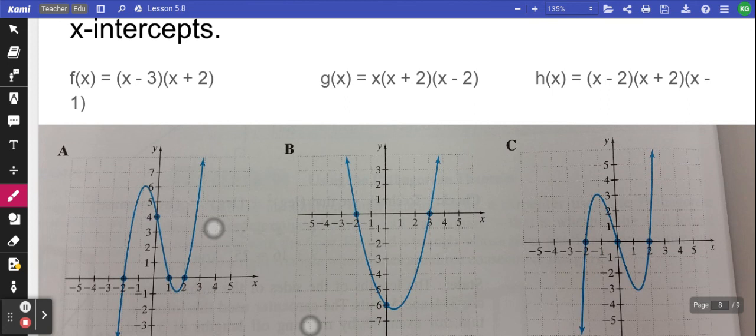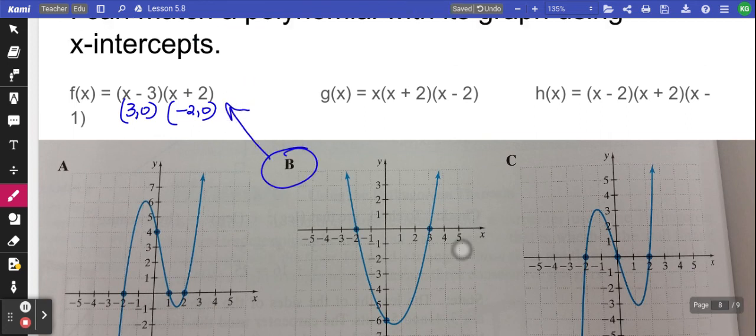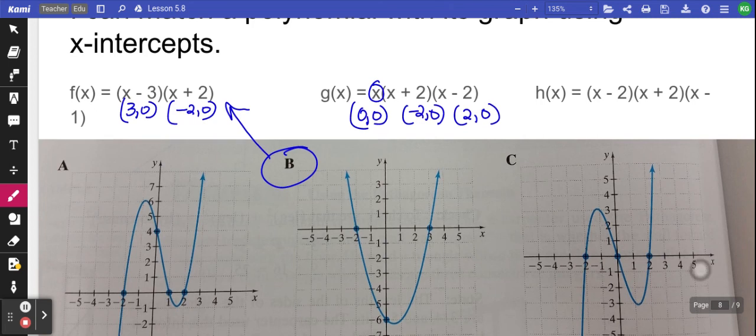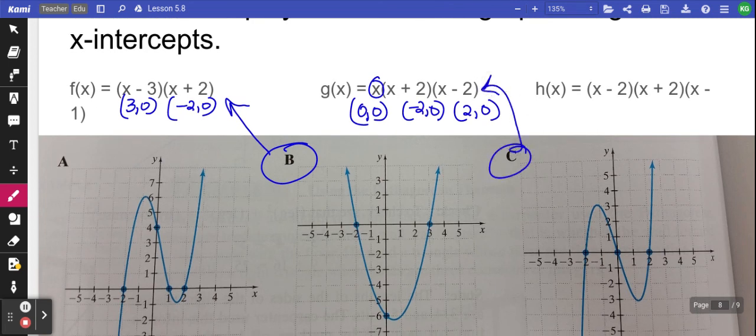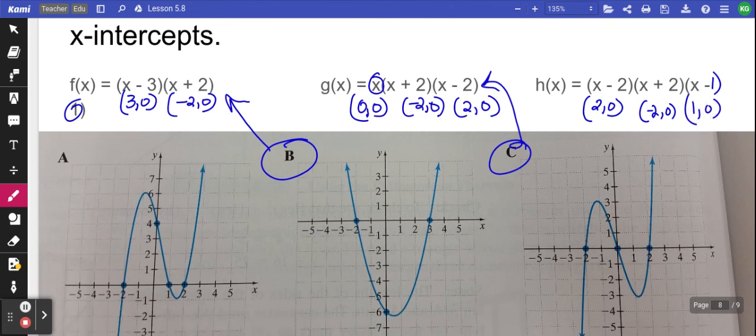So in this first one, this would be 3, 0, and negative 2, 0 when I solve them, which is B. This one, I have x equals 0, negative 2, 0, and positive 2, 0, which is C. And this last one is 2, 0, negative 2, 0, and this one belongs over here. So 1, 0, which is A.